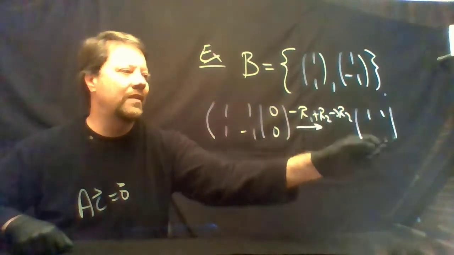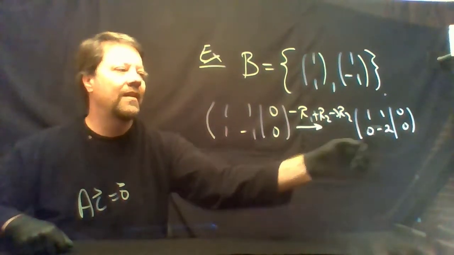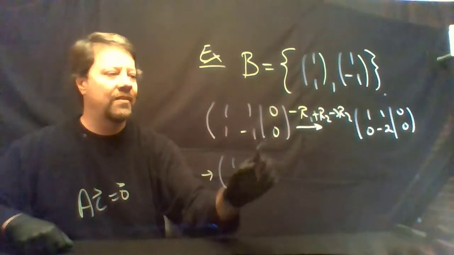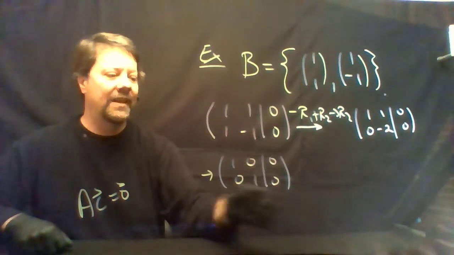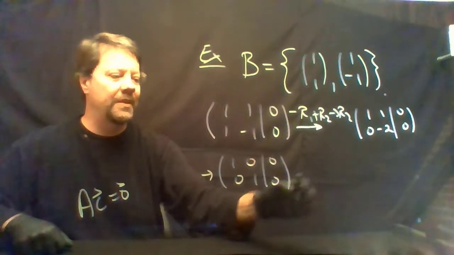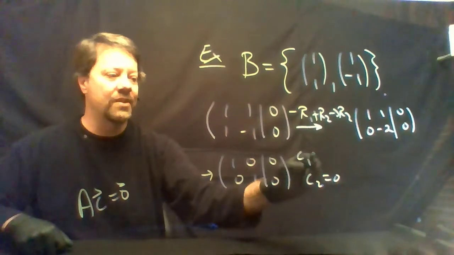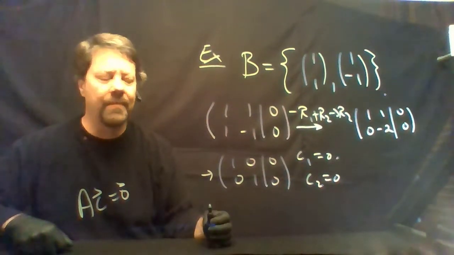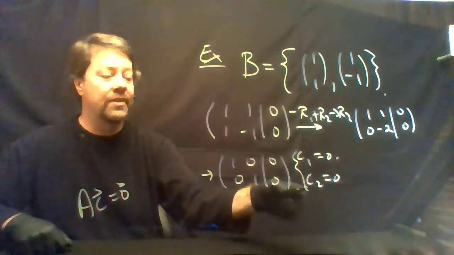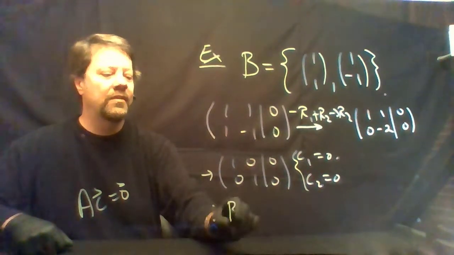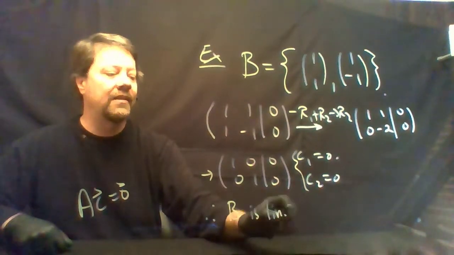That gives us 1, 1, 0 and 0, -2, 0. And then clearly, through two more elementary row operations, we can express this as follows. This will be c2 = 0, and the first row represents the equation c1 = 0. Since the only linear combination that gives you the 0 vector is the trivial one, we deduce that the set B is linearly independent.